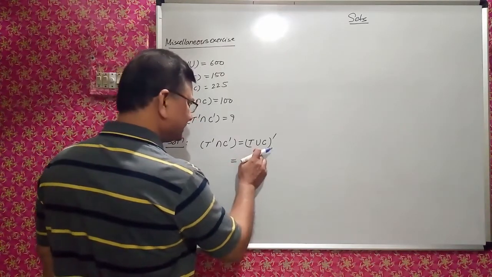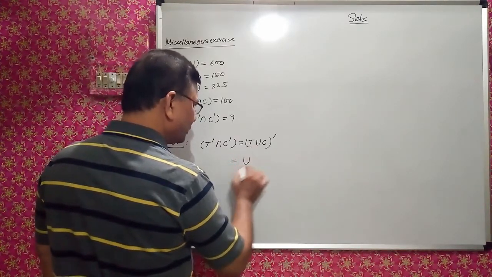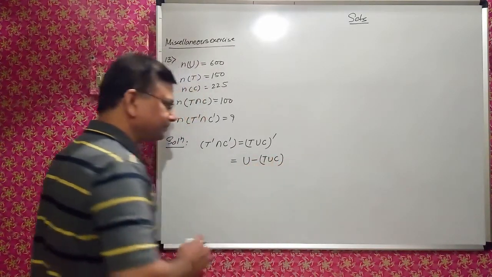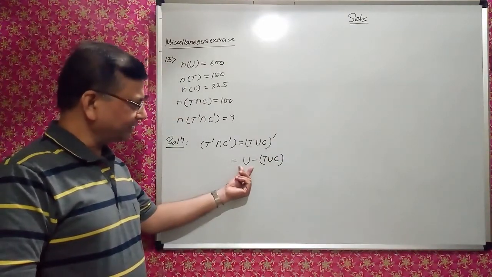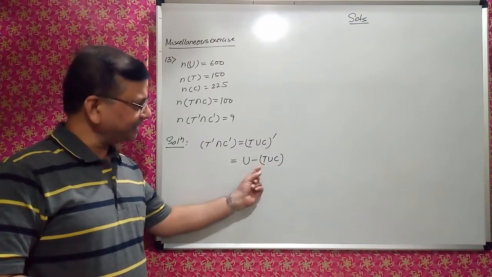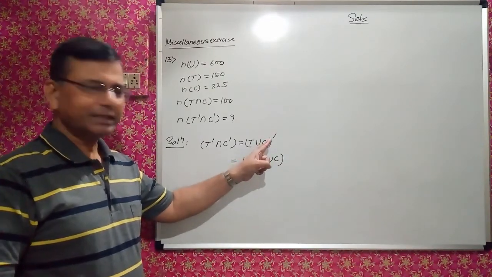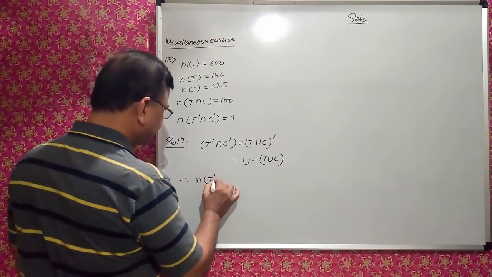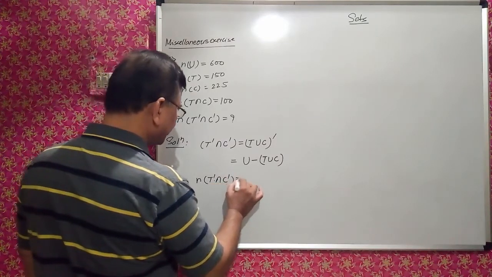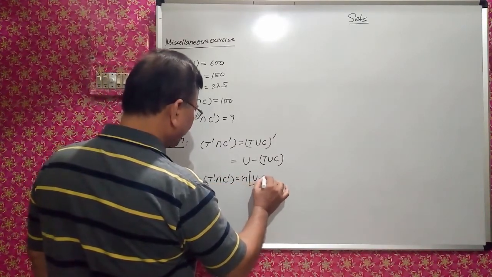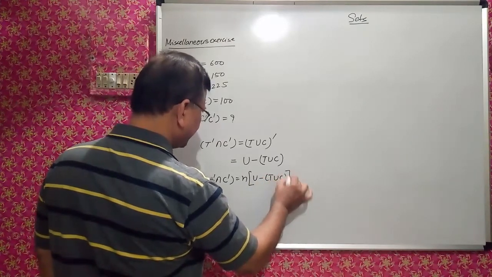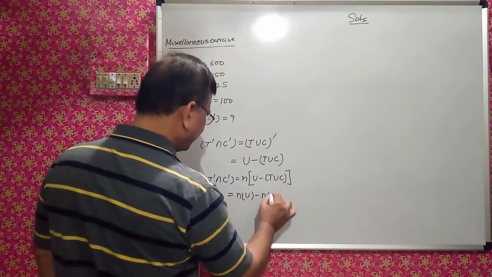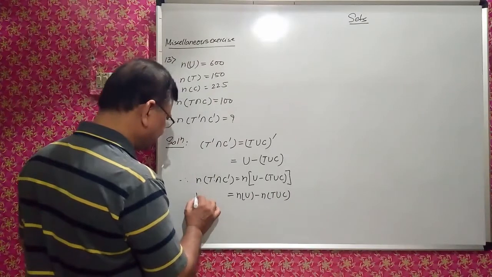And this means U minus T union C, the universal set minus T union C. Therefore, N of T dash intersection C dash is equal to N of U minus T union C. This can be written as N(U) minus N(T union C). Finally, we got this.